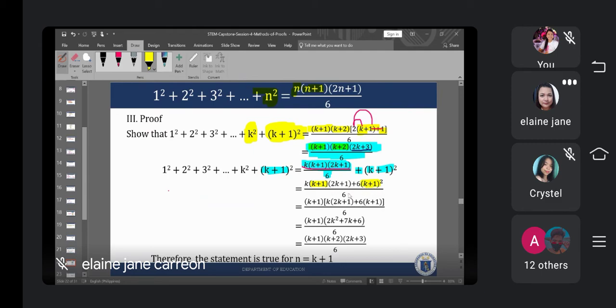Okay, so ito yung k plus 1 na finactor out natin. So ano natira sa k plus 1, sa first term? Si k at si 2k plus 1. Ito siya. At sa second term ay 6. Kung napapansin nyo, may square dito. Kaya may k plus 1 pa tayo dito. Okay? Next, distribute k. K times 2k. 2k square. K times 1.